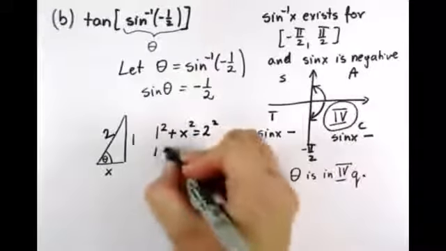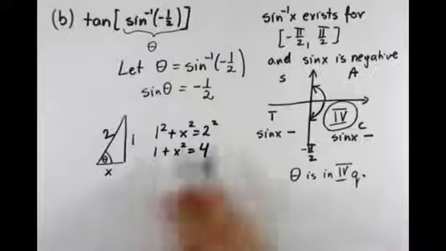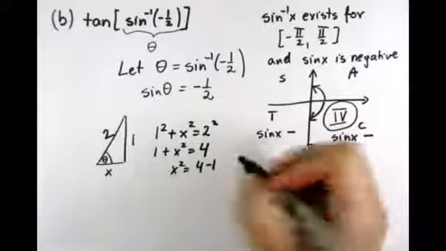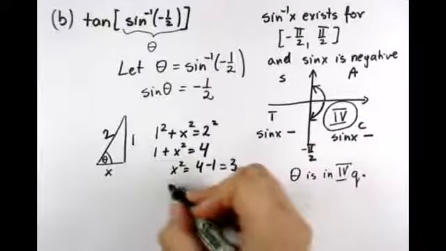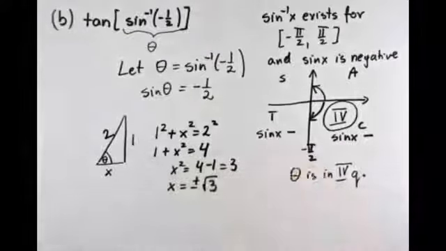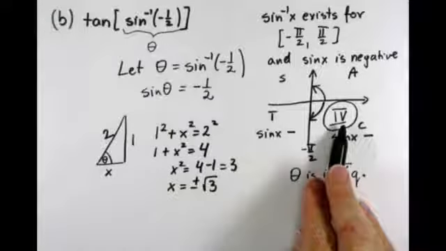So I have 1 plus x squared is equal to 4. Bring that 1 over, so x squared is equal to 4 minus 1, or 3. Take the square root, so x is equal to plus or minus square root of 3. And whether we choose plus or minus will depend on the quadrant we are in.